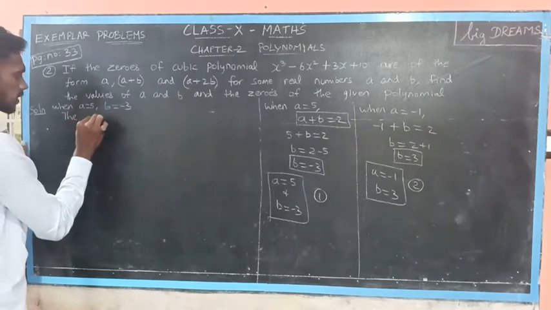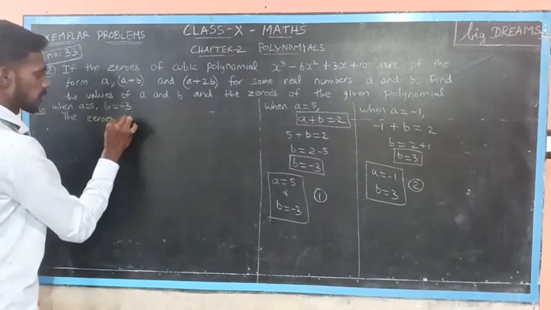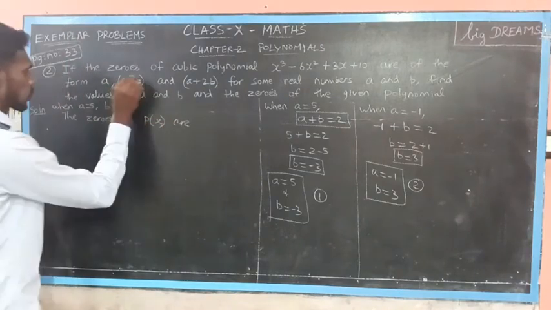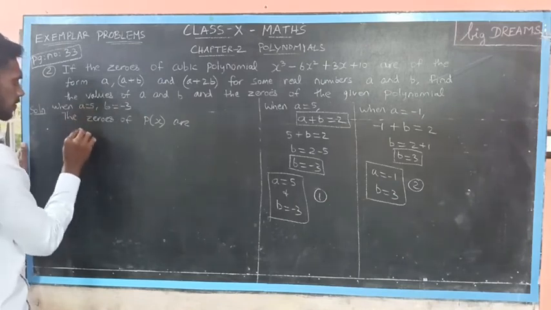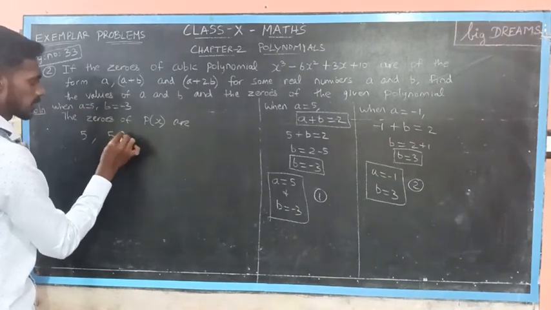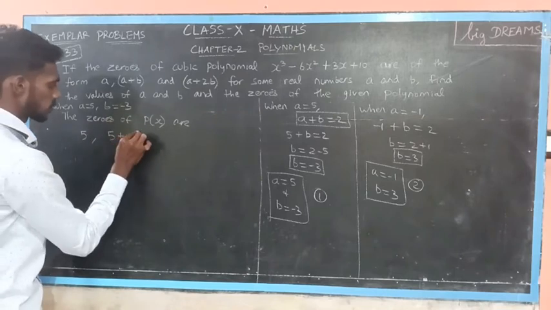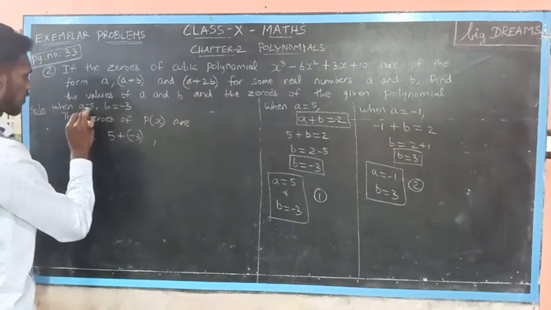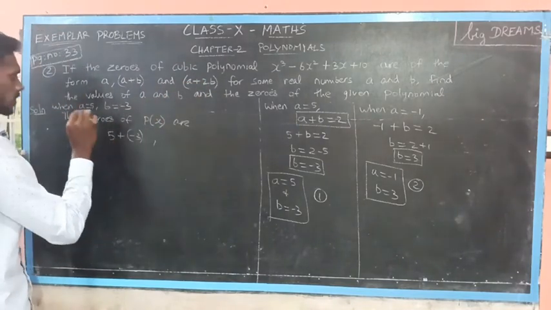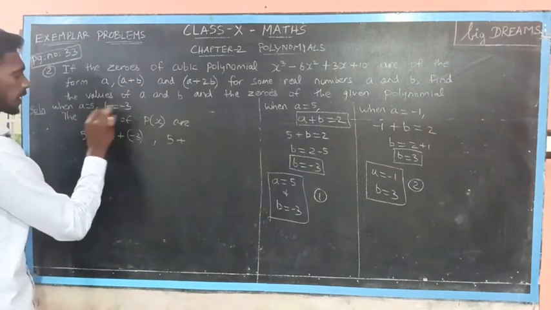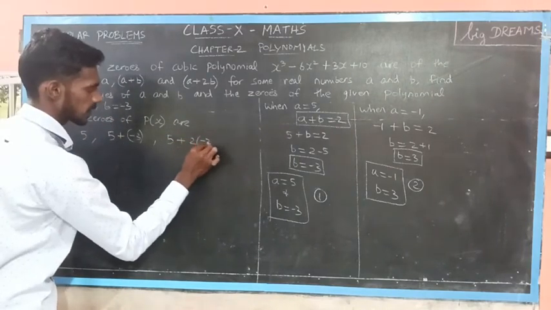So, the zeros of the polynomial p of x are, substitute the values, a value, that is 5, and then a plus b, that is 5 plus b value is minus 3, so 5 plus minus 3. Then the third zero is a plus 2b, substitute the value of a to be 5. So, it is 5 plus 2 into b, that is 2 into minus 3.